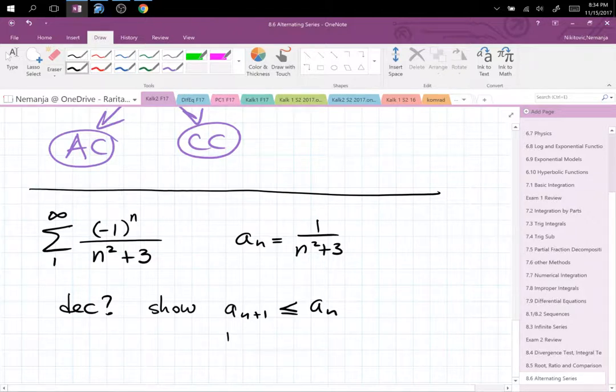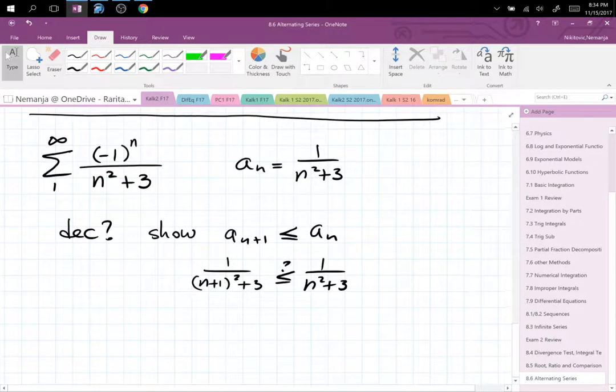So you show that 1 over n plus 1 squared plus 3 is smaller than 1 over n squared plus 3. And when you cross multiply, you get n squared plus 3 less than, this is n squared plus n plus 4, when you FOIL it.